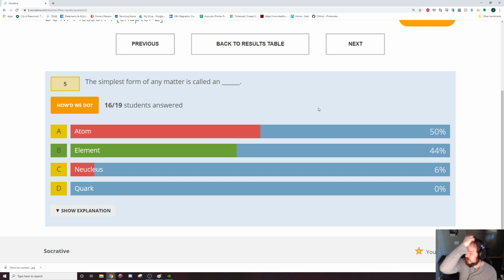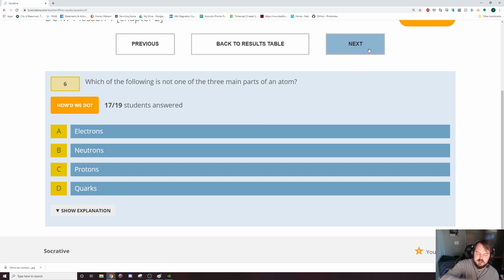So the simplest form of an element is an atom. Then atoms are made up of electrons, neutrons, and protons. Those particles are made up of quarks. Quarks are not one of the three main parts of an atom.